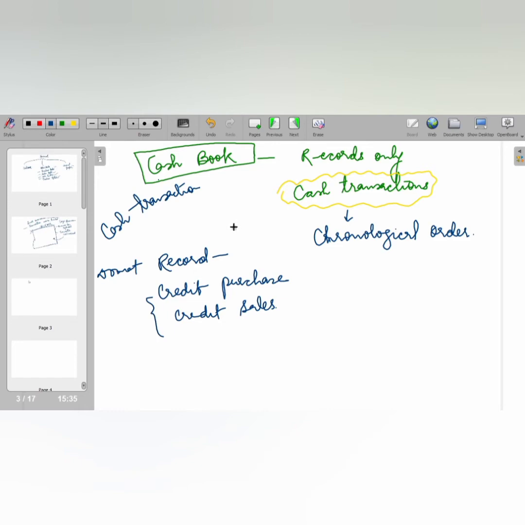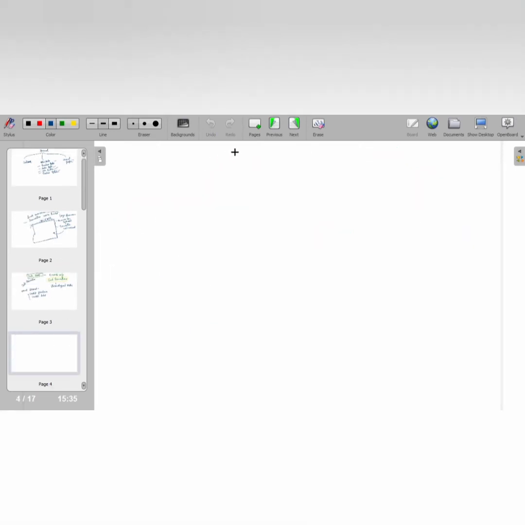Fine. Now, the cash book is divided into two types.